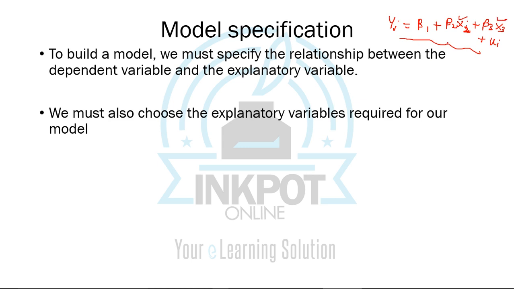But it is possible that there can be even 3, 4, or 5 variables in the model. So the question is, how do we know whether the model is correctly specified or not? What do you mean by specification in this case? When we say a correct specification, it means that we are very clear about the kind of variables we are including in the model.